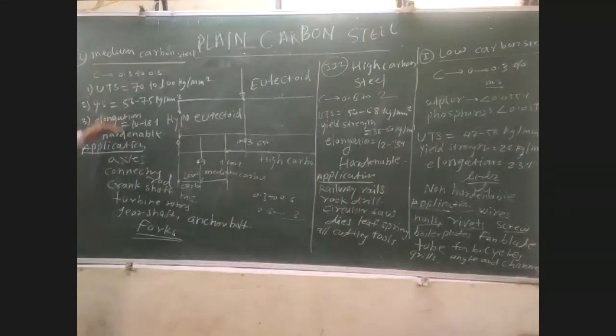Medium carbon steel is used in our automobiles, four-wheelers, for axle, connecting rod, crankshaft. Gear shaft also, gear also we can make with this material. Anchor bolt, trolley, tractors, we are using this. Different types of forklift for lifting purpose, we can make use of this.